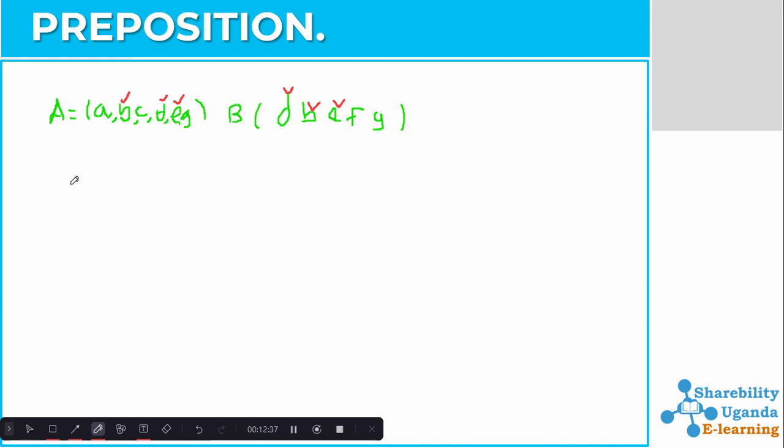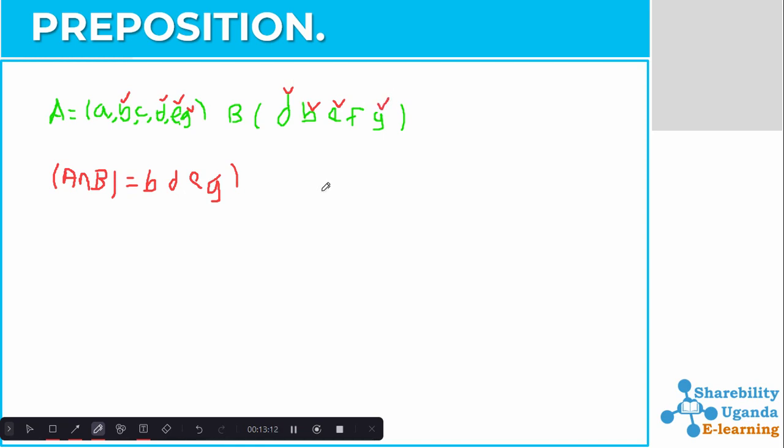So we can see that our A intersection B is having these members. We have a B, we have a D, we have an E, and we also have a G. These are the members that are in common.